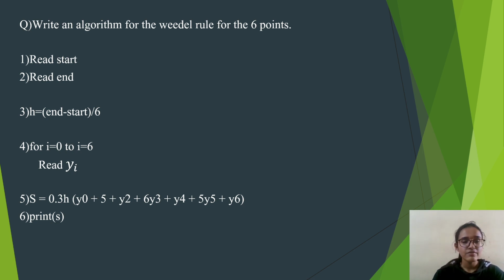Then from the lowest value to 6, we read the values of y for each iteration, and using Weddle's rule we set s equals 0.3 into h into (y0 plus 5 y1 plus y2 plus 6 y3 plus y4 plus 5 y5 plus y6) in such a way. And then finally we print the value s.